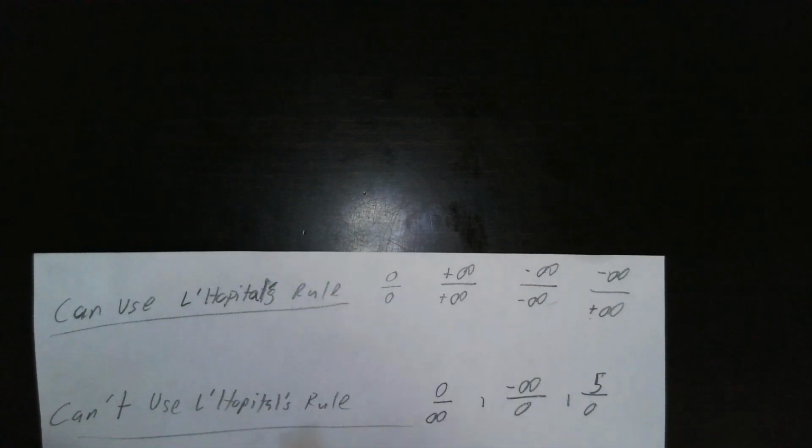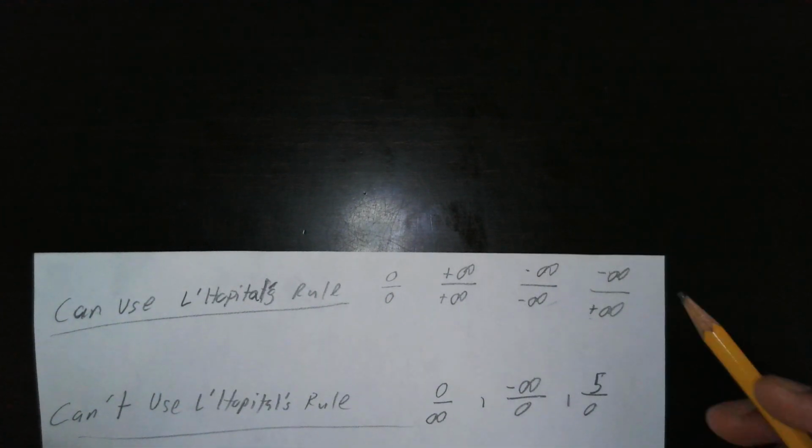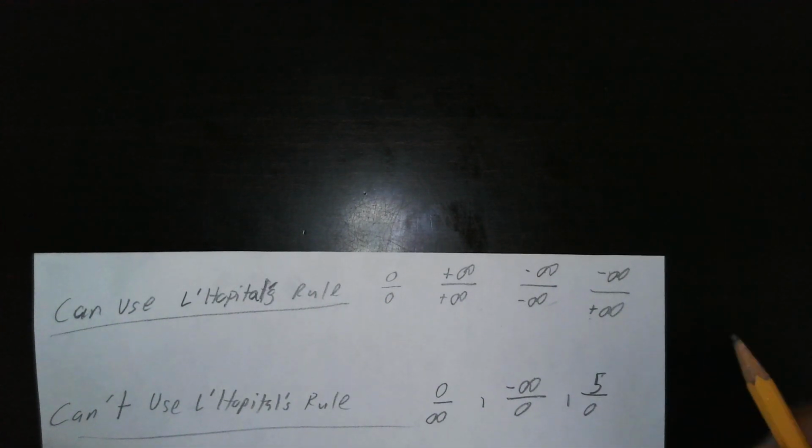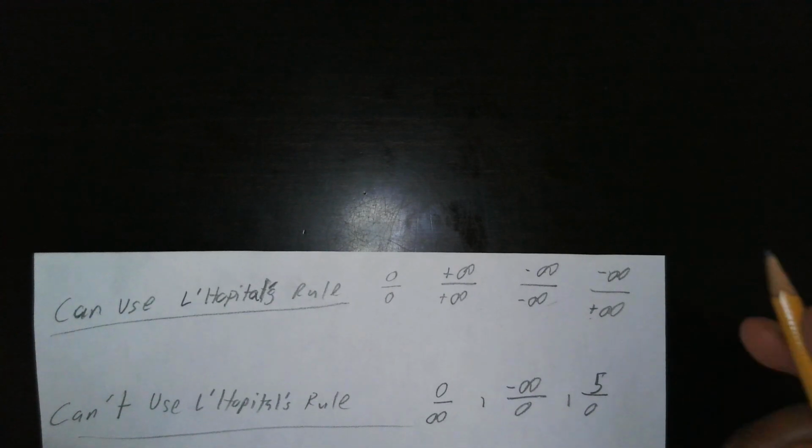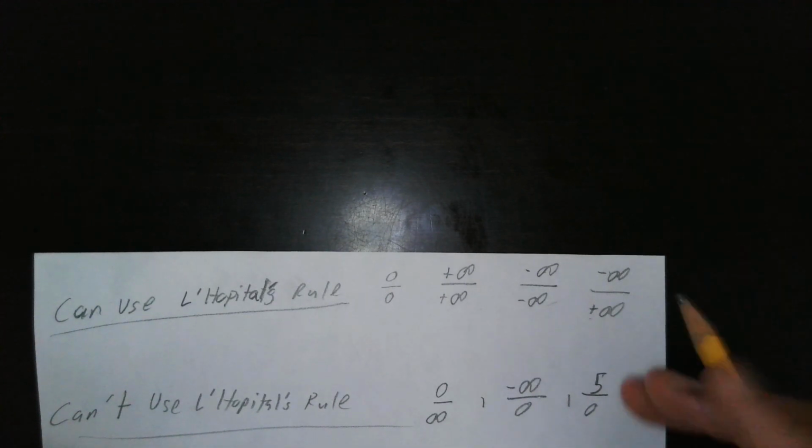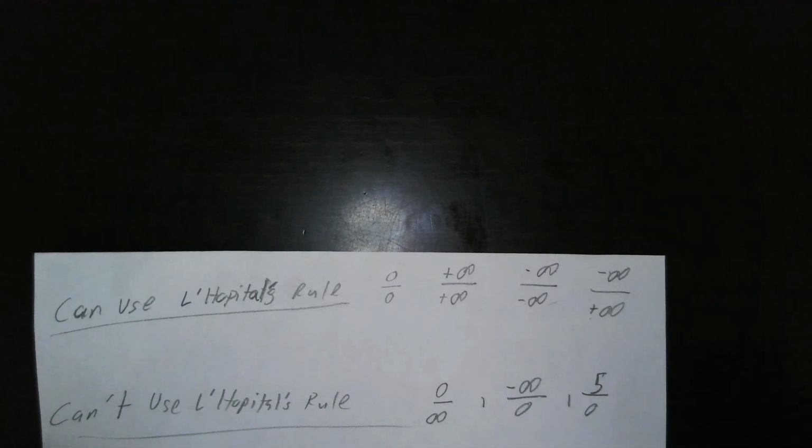However, you cannot use it for something like 0 over infinity, or negative infinity over 0, or 5 over 0. In that case, L'Hopital's rule will not work, and you might get a wrong answer. So only use L'Hopital's rule when you've met the conditions.